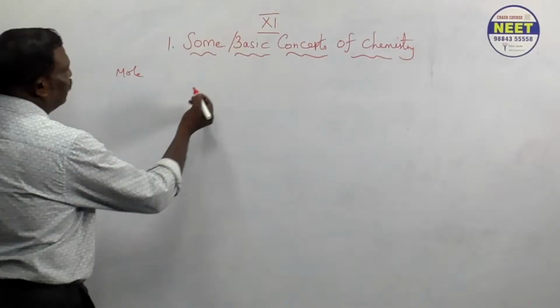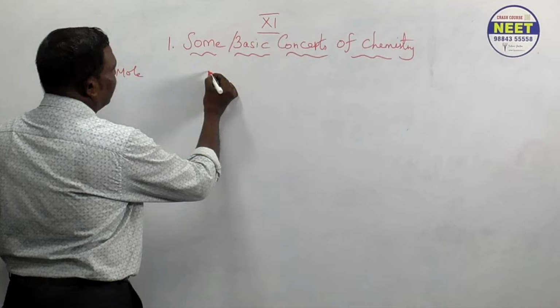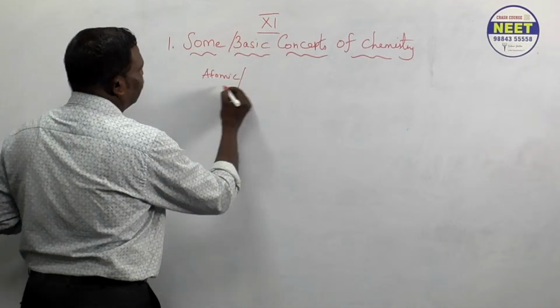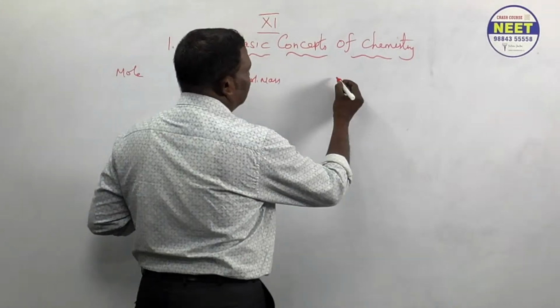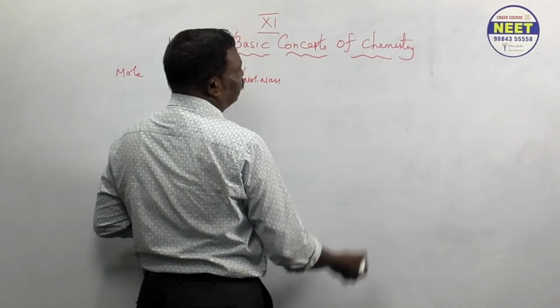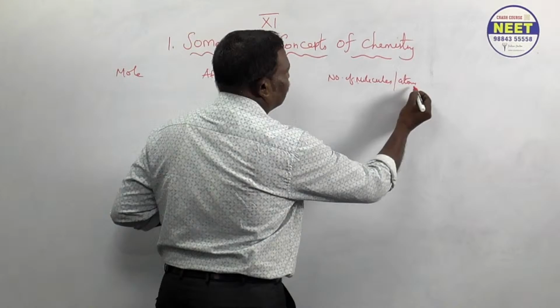Next one, number of molecules, or we can say atoms, or ions. Together we call this Avogadro number. Understood? Last one is molar volume.